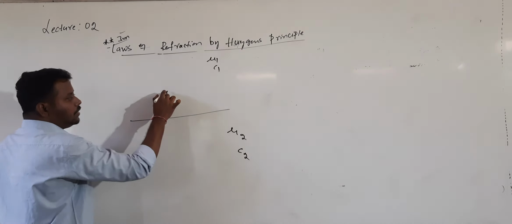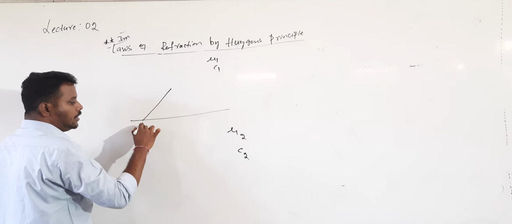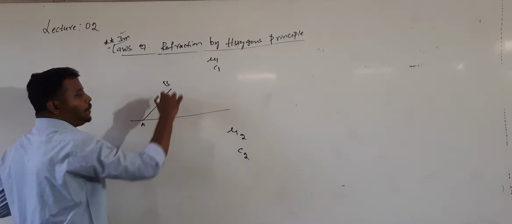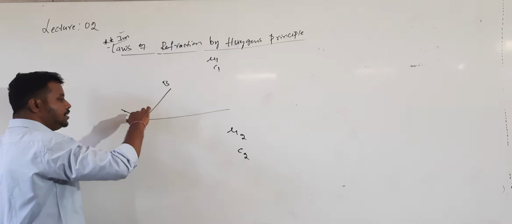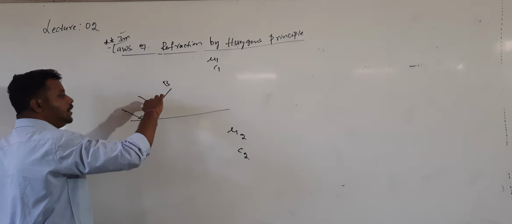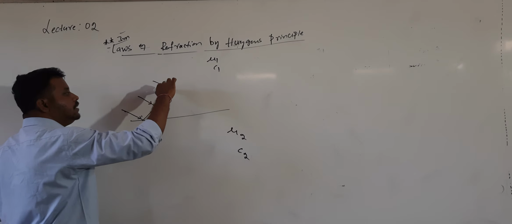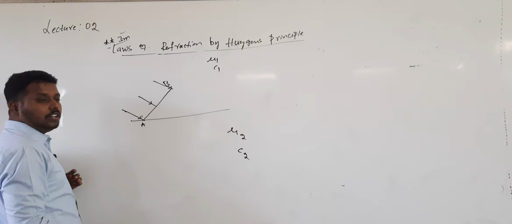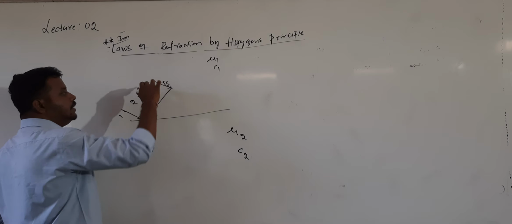Let me consider one plane wavefront. This is my plane wavefront, and let me call it A. Immediately let me draw the ray representation. This is one light ray, this is another light ray, and this is another. You have to remember that light rays are always perpendicular to the wavefront. Let me call them the first ray, second ray, and third ray.